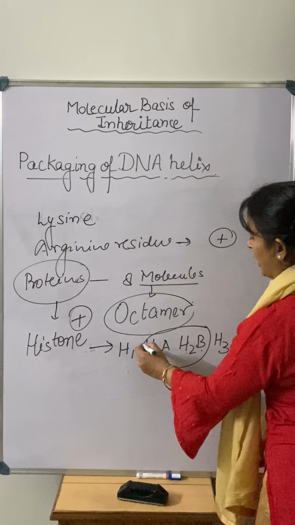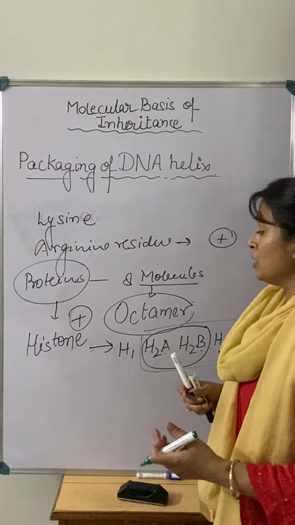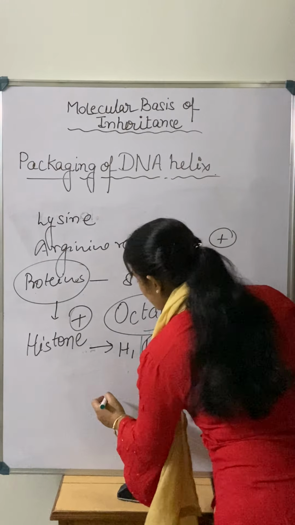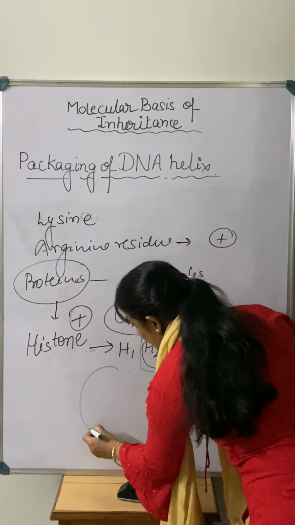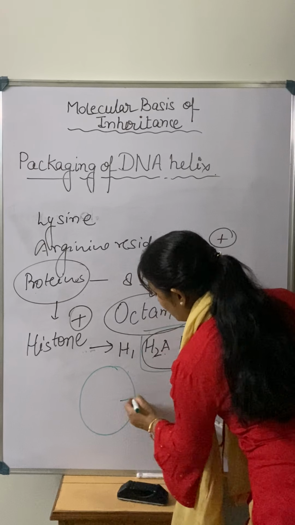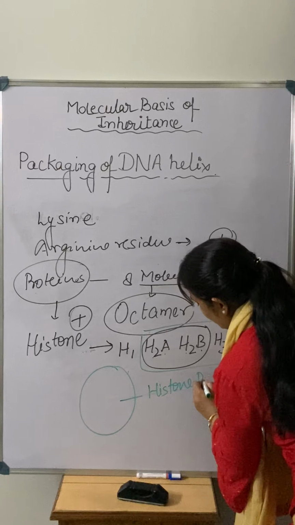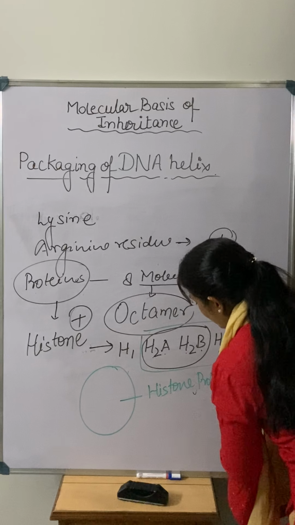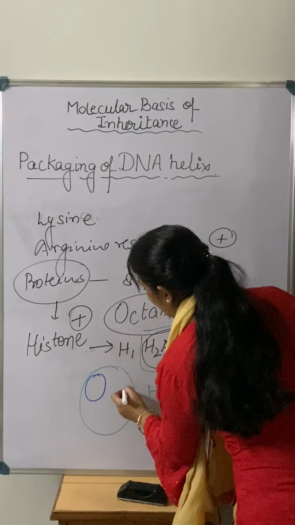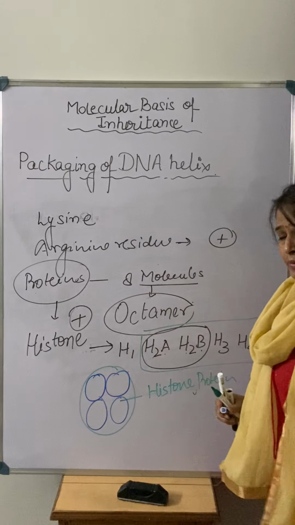Among these 5, 4 participate in the formation of the core body of the octamer, right? If I draw this as a circle, this is a histone protein, right? And this histone protein has all these 4 protein structures, that is H2A, H2B, H3 and H4, right?